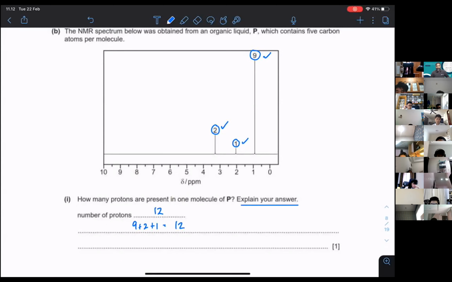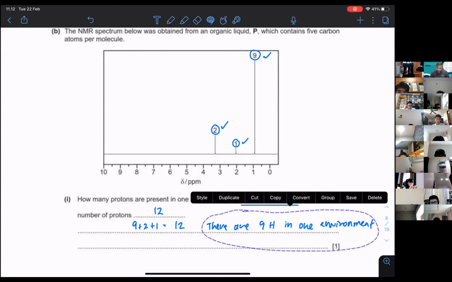Your answer will be: there are 9 hydrogens in one environment. You keep on copying this.